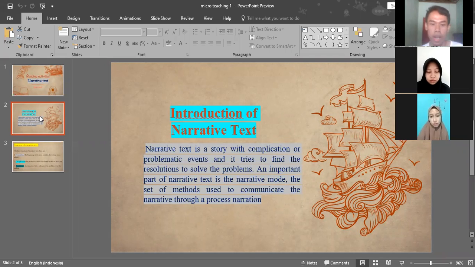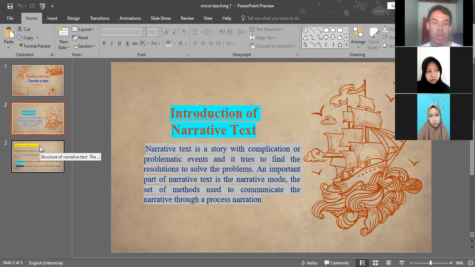An important part of narrative text is the narrative mode, the set of methods used to communicate the narrative through a process of narration. So we can find examples of narrative text in stories like books and many sources on the internet.